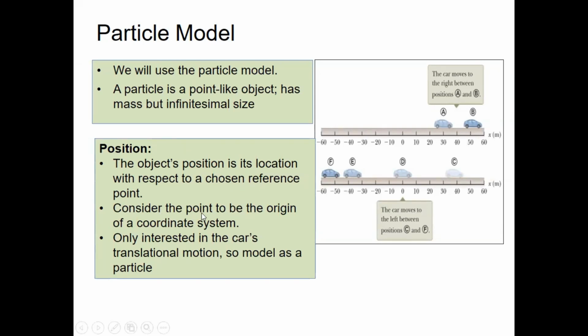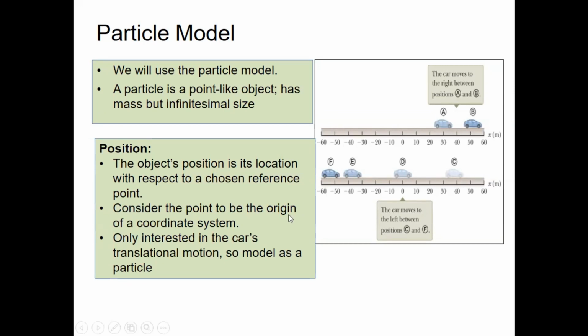So we consider the reference point to be the origin of the coordinate system, and generally the coordinate system is the x, y, and z parallel perpendicular axes, and the Cartesian coordinates.